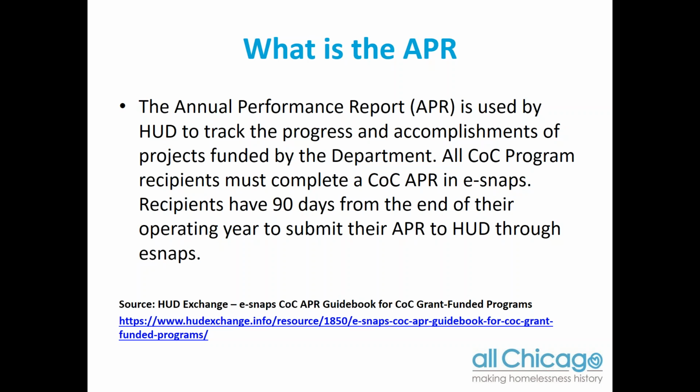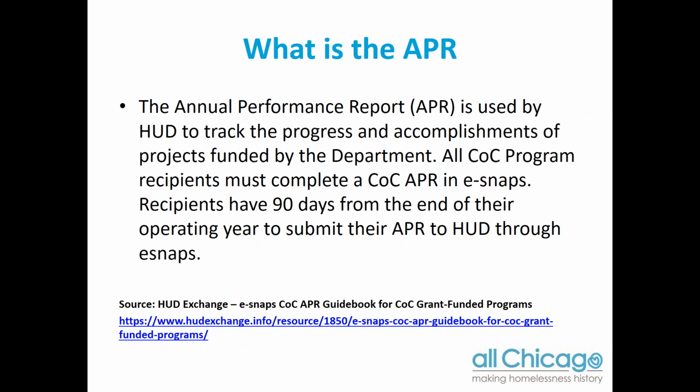I do have a link here that takes you directly to that resource, which I can send out with these PowerPoint slides after the webinar. This is what comes from that guidebook in terms of the language around what an annual performance report is and how it's used by HUD to evaluate all of our CoC-funded projects on their performance.